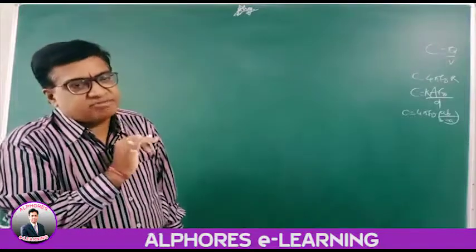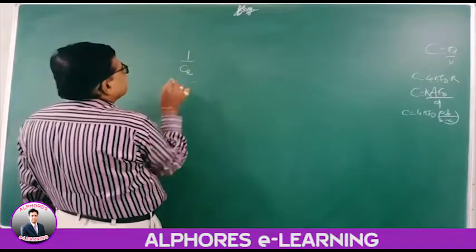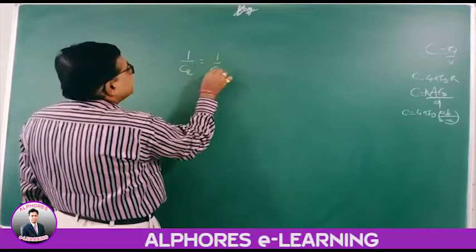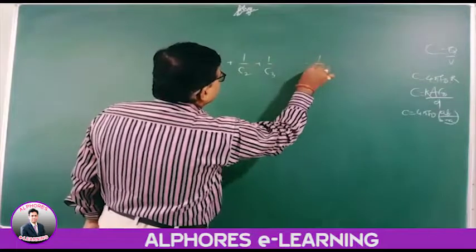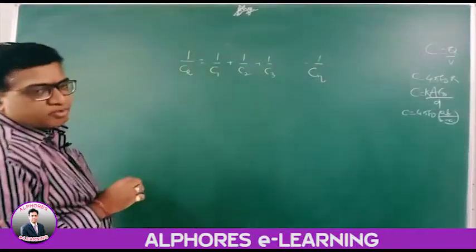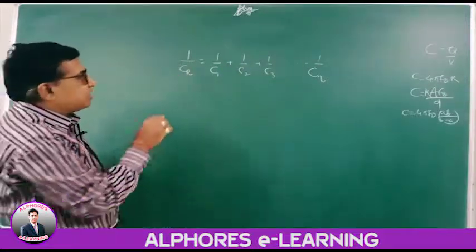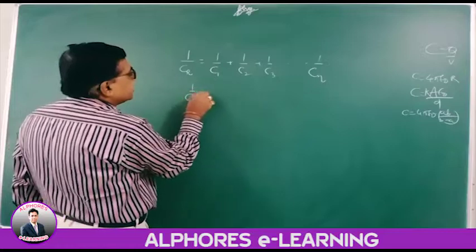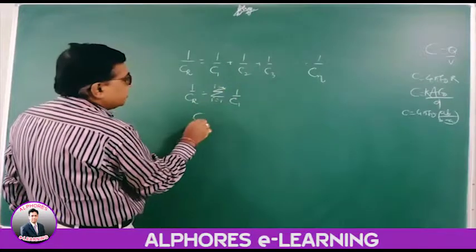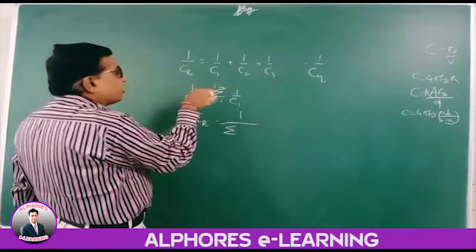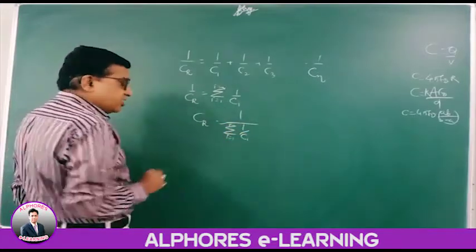Applying this, we have found that in series combination, the reciprocal of the resultant capacity is the sum of the reciprocals of the individual capacitances: 1 by C1, 1 by C2, 1 by C3. So 1 by Cr is equal to sigma of 1 by Ci, i from 1 to n, or Cr is equal to 1 by sigma of 1 by Ci.